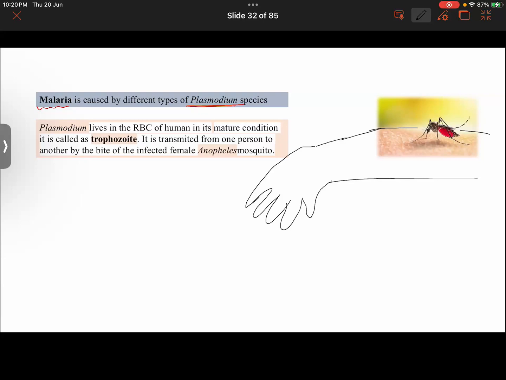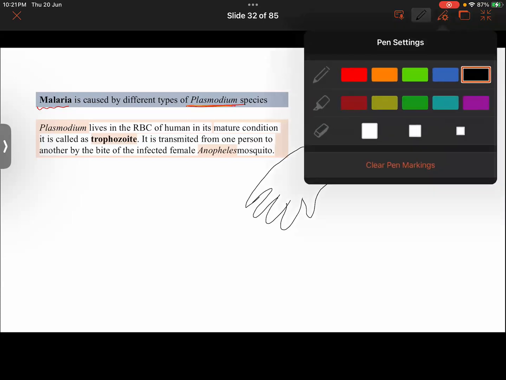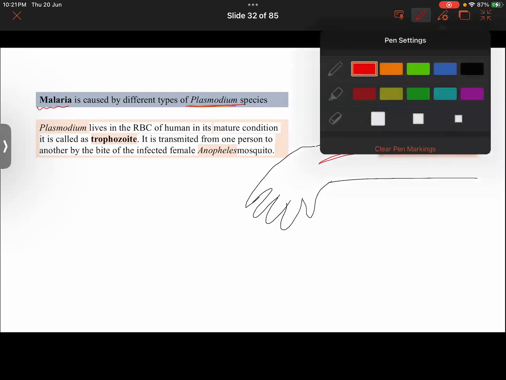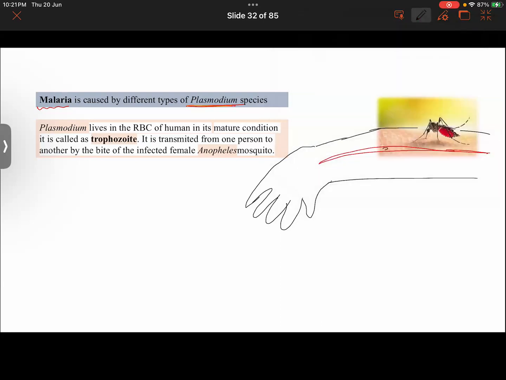In the blood of this infected person, Plasmodium will be found living. Say that this is Plasmodium.